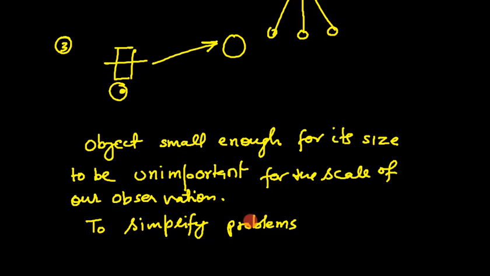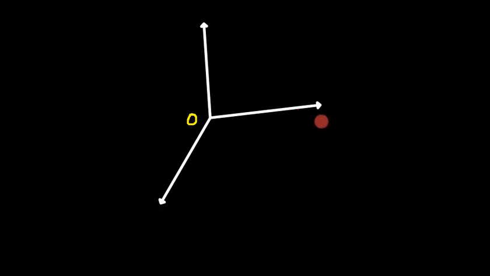Now we'll talk about location of objects. We can specify the position in a three-dimensional way. So this is the origin, this is the x-axis, this is the y-axis, and this is the z-axis.